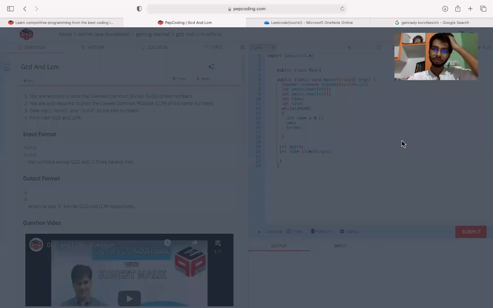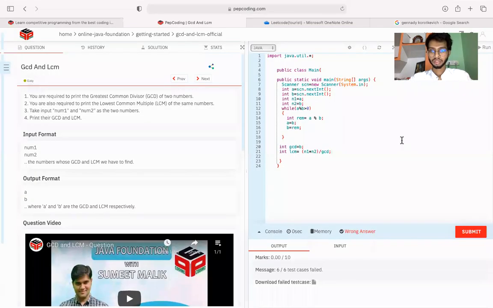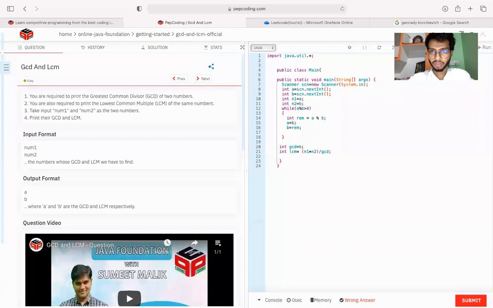Let's submit that code. Actually there was some issue. Let's find out what it is. While a modulo b is greater than 0, and I am taking input for a, that is fine.